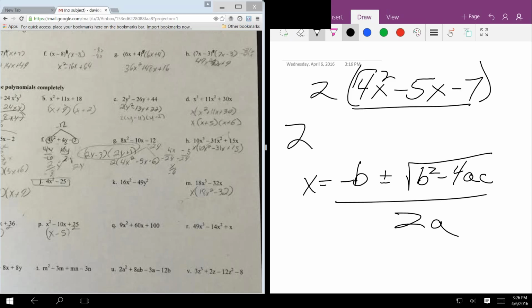With this being a, this being b, and that being c. Okay. Just plug them in. There are 2 answers to quadratics. Well, those are the 2 right there. One's plus, one's minus.